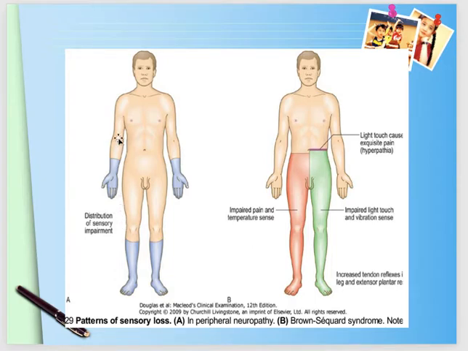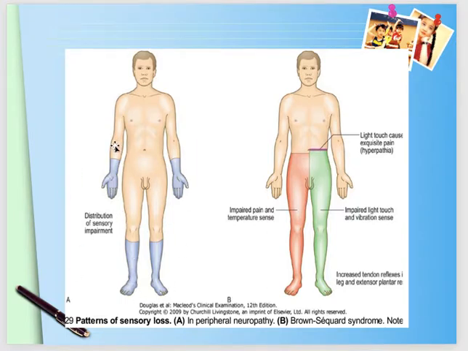Now, for example, if someone has a problem in the brain, of course half of the body will be affected. If someone has a pathology in the spinal cord, all the area below it should be affected. So this pattern doesn't go with any nervous system problem.